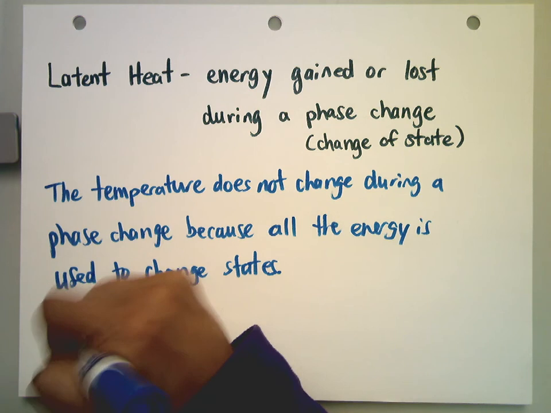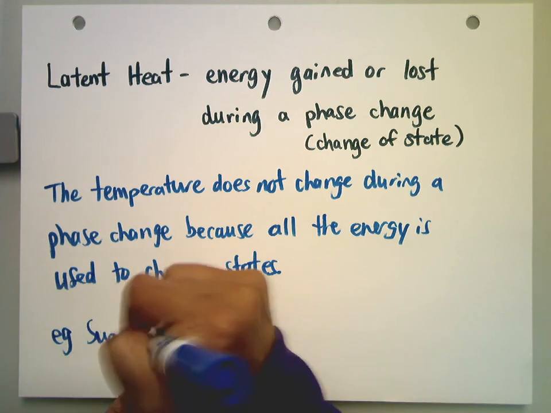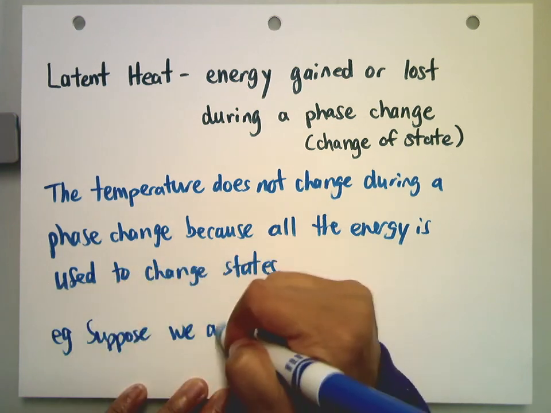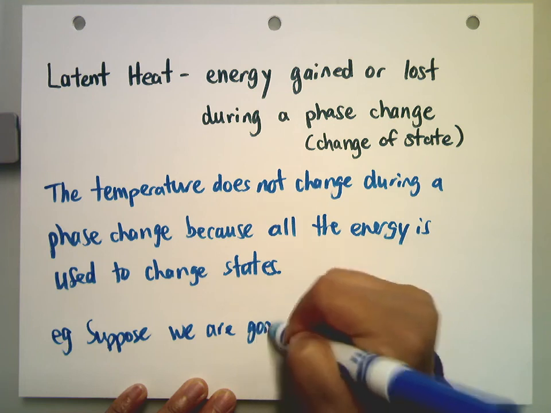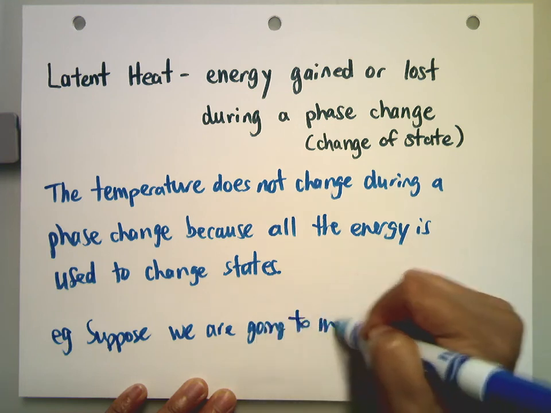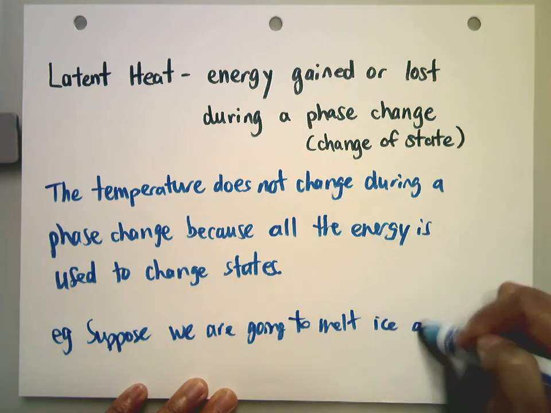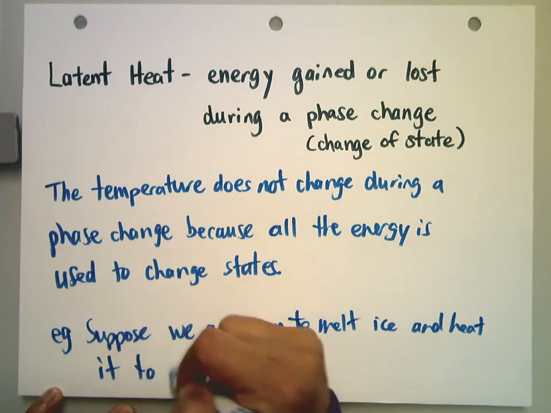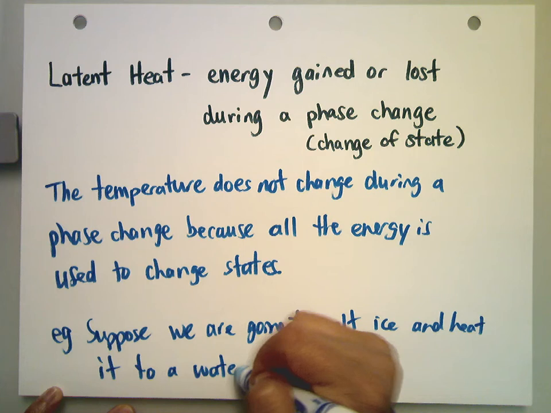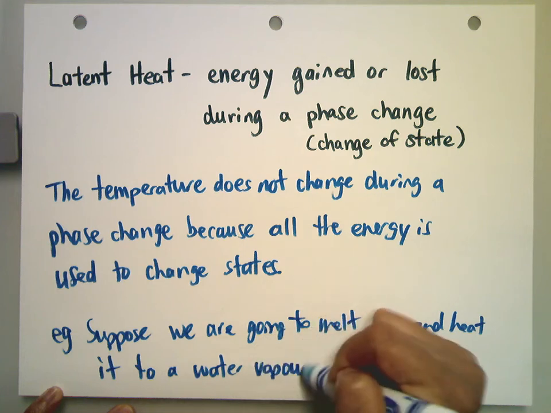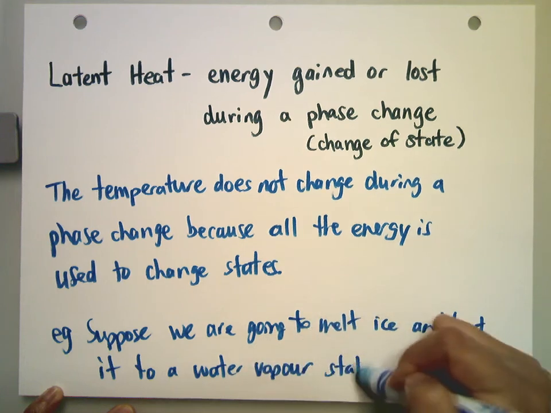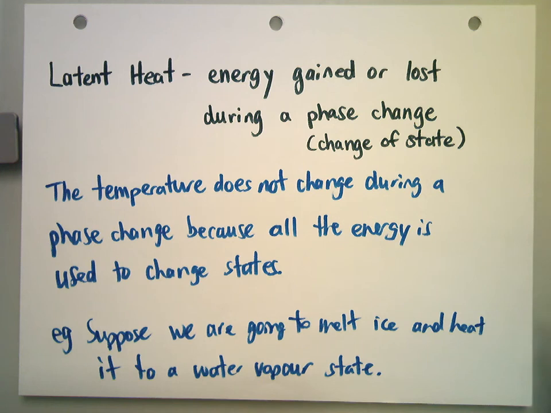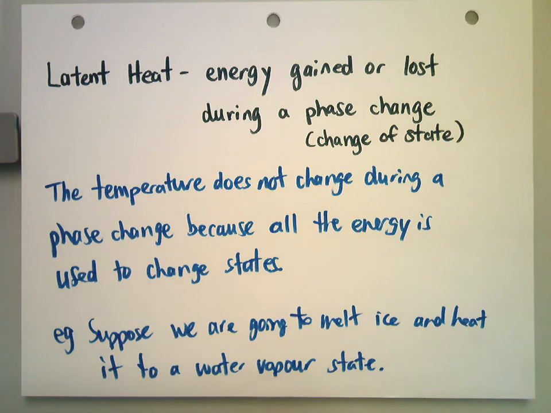So for example, we're going to suppose we are going to melt ice and heat it to a water vapor state. In fact, when you go directly from ice to a vapor or a gas, that's called sublimation. So we're doing, I guess, the worst case scenario.